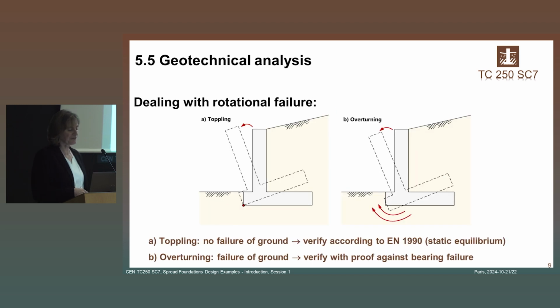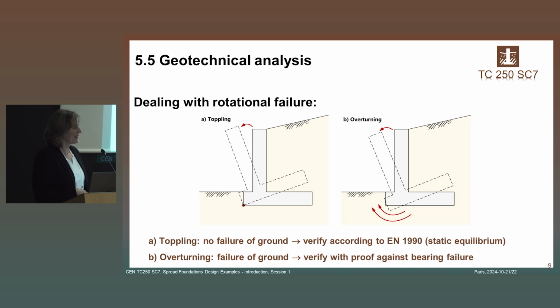Now regarding the rotational failure, we consider two different types of rotational failure, depending on whether a failure of the ground is involved or not. So here on the left side you can see a situation where there's no failure of the ground involved, so you have a pure rotation ideally around the front corner of the foundation, and this is called toppling. This is only a stability issue, let's say, so you verify the static equilibrium, and this is to be done according to EN 1990, so this is not regulated in EN 1997.